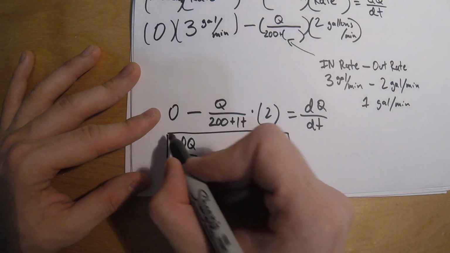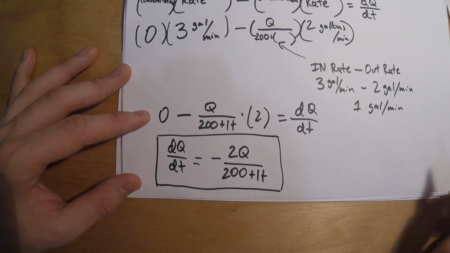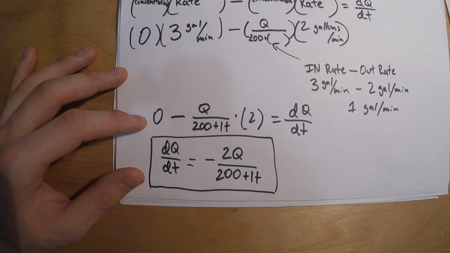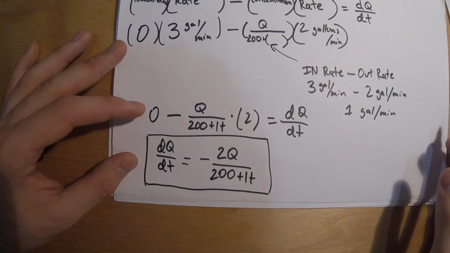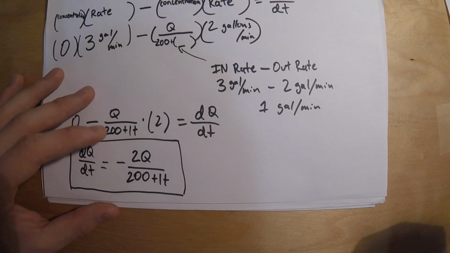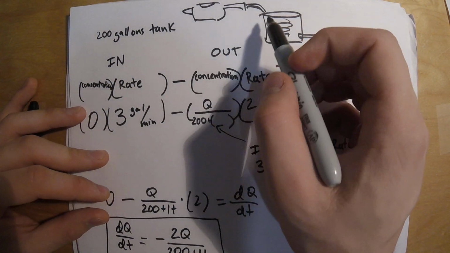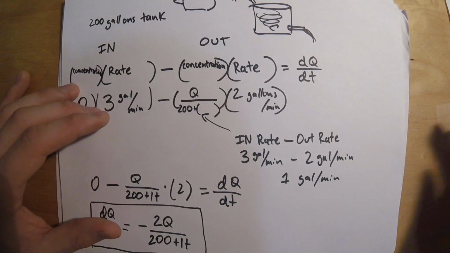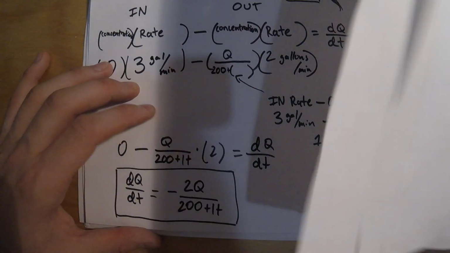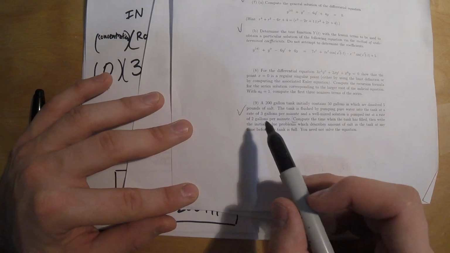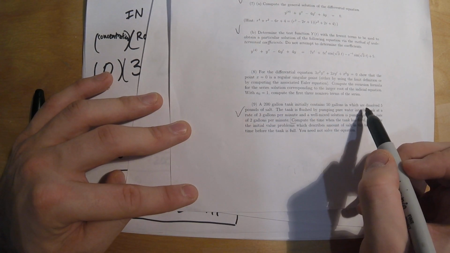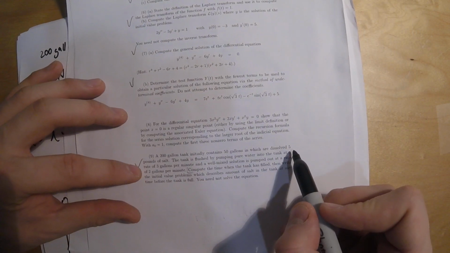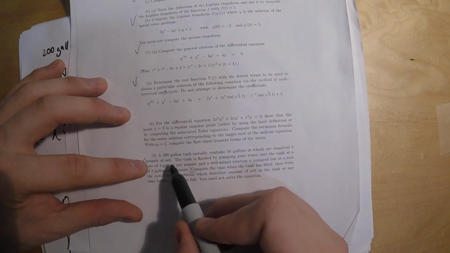Now, we are not finished yet, because we have to give initial conditions, because there was already a concentration of salt inside the tank before there was any water coming in or coming out, right? And let's review what it said here. It says here that a 200-gallon tank initially contains 50 gallons, in which are dissolved 5 pounds of salt.